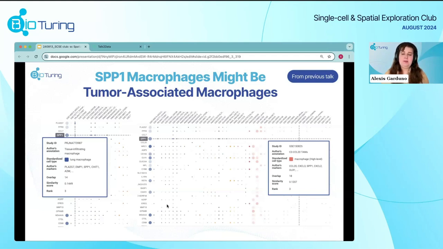So this opened up a lot of analysis relating to the ability of SPP1 macrophages and how this relates to tissue infiltrating macrophages. You can see here on my slide that we identified these two studies from the meta-reference tool. And this also gives us detail into how the authors used their core markers in identifying this population.